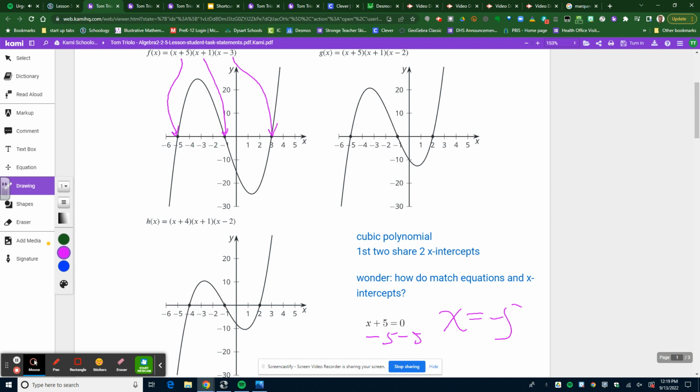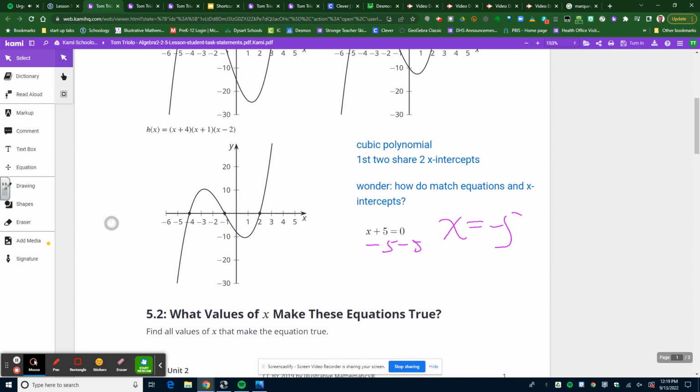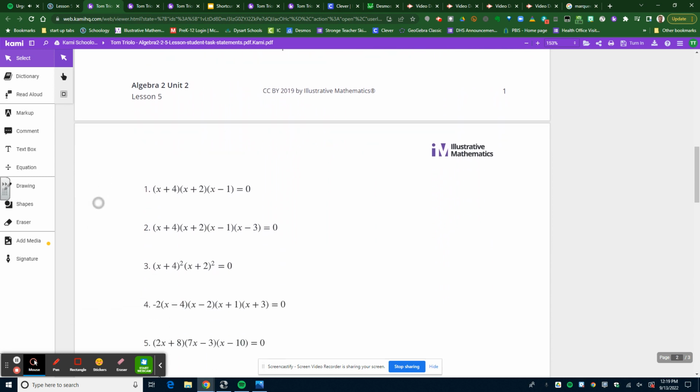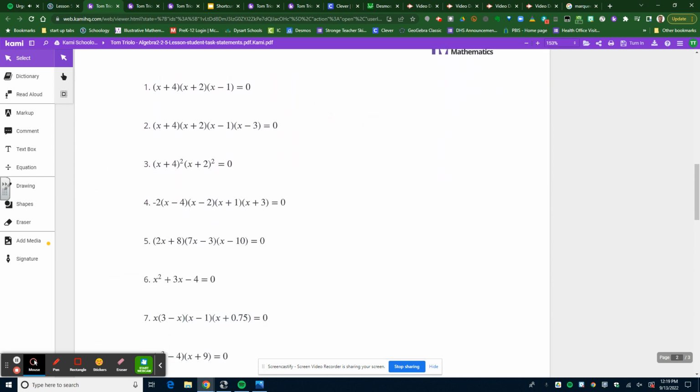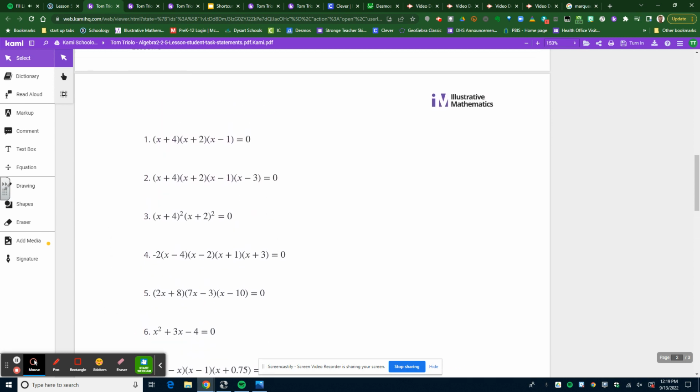Once you've done that, scroll down to the next page. We are going to find the actual x-intercepts. There are 8 equations, so you need to find the x-intercepts. Question: when I have 3 unique factors like I do in number 1, how many answers should I get? 3.